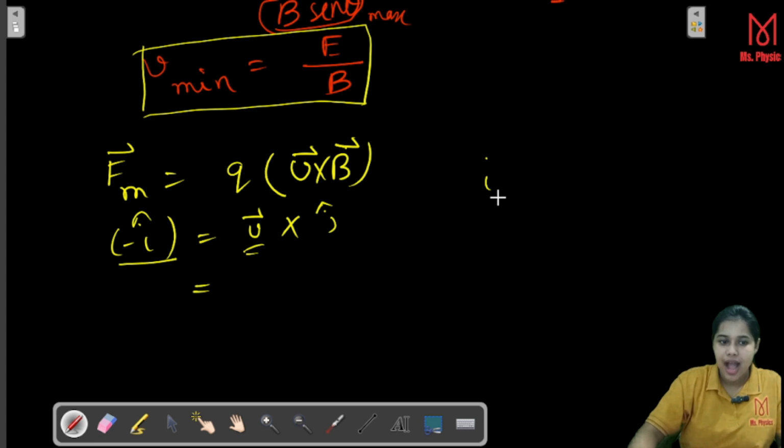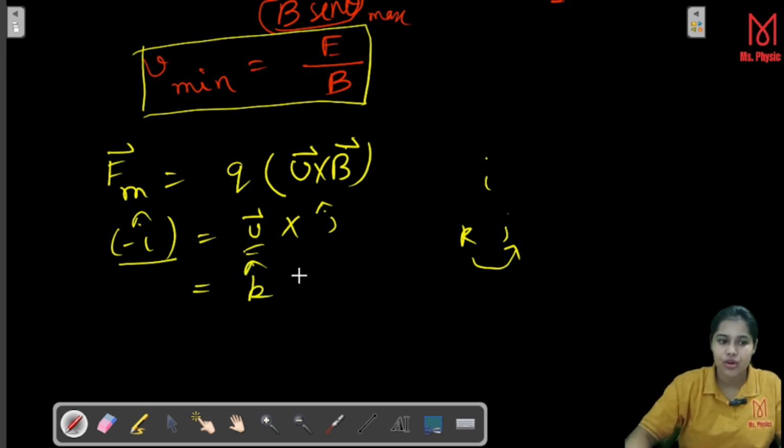Again I J K, right? To get minus I, it needs to be K cross J. If you go K cross J, in the anti-clockwise direction, then only minus I is possible. So it should be K cross J, which is minus I cap.